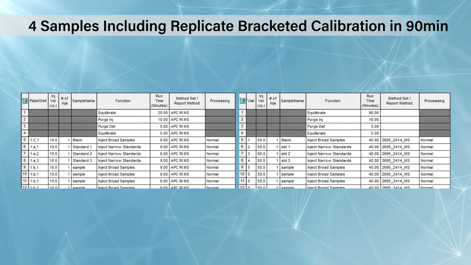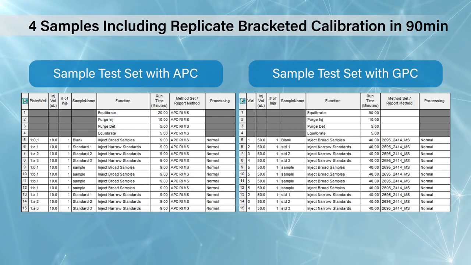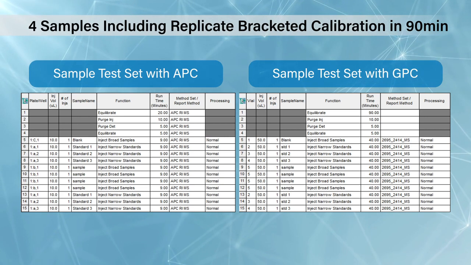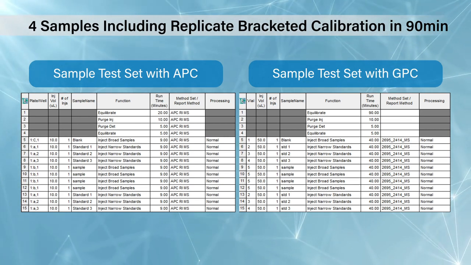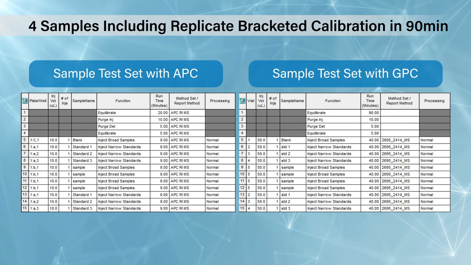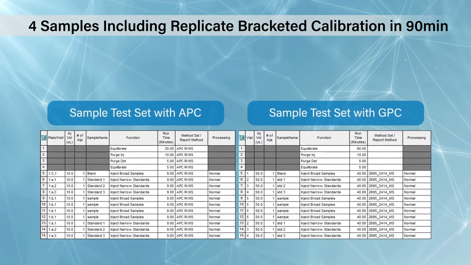And we've actually shown side by side performing bracketed calibrations on an APC compared to a traditional GPC column set. And you see it's taken us, for 4 samples, including replicates, with a bracketed calibration to really push the precision up and also to spot any kind of things that have gone wrong with your system earlier.